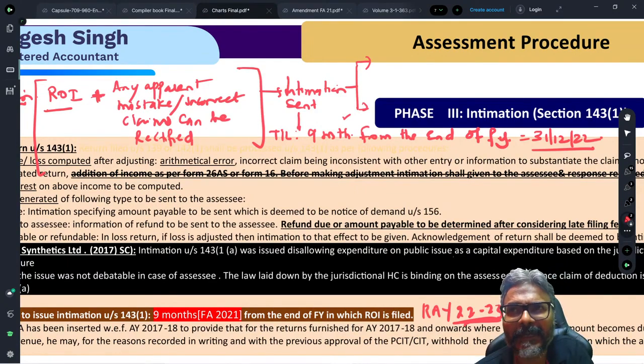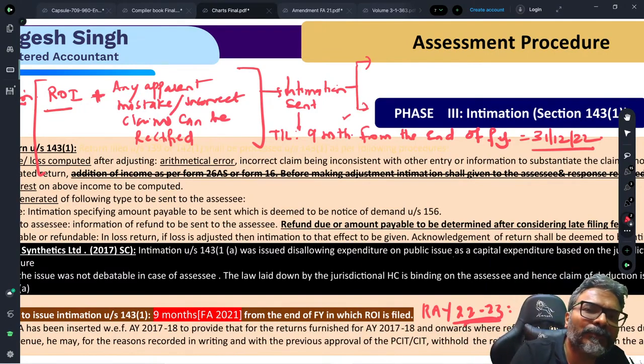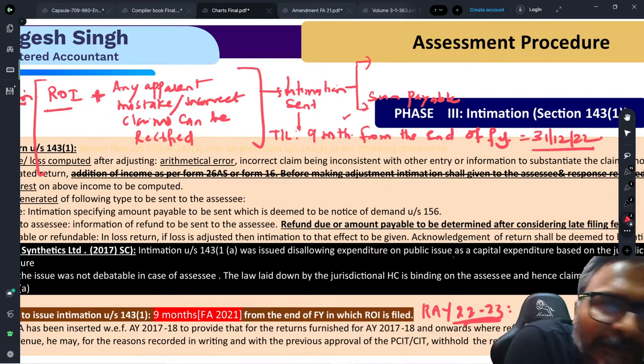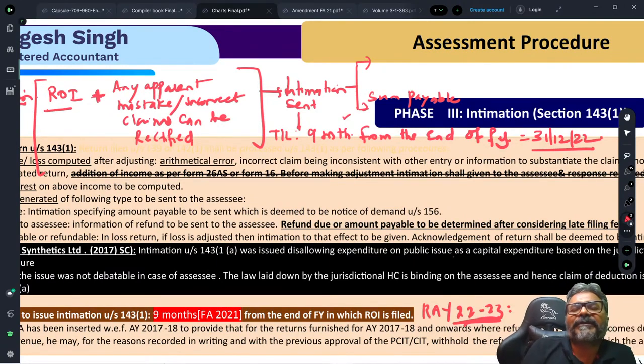But apart from that, there is a huge possibility of two things. One is that a sum becomes payable on the basis of the ROI or on the basis of any arithmetical mistake which is corrected through the intimation process.